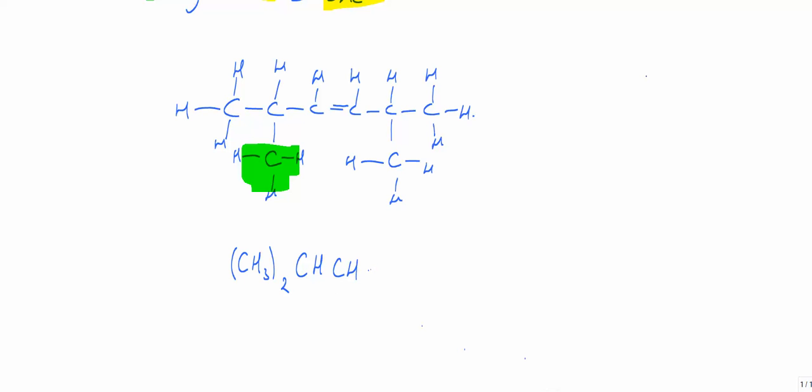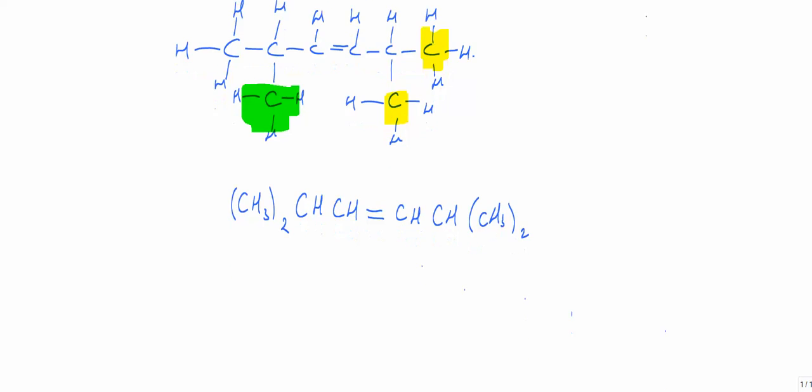But that CH is a carbon-carbon double bond, CH, and then we have another CH, and then we have 2 more CH3s. And you can see once again that we have 2 CH3 groups, one of which is part of the main stem, but we're still going to put it as CH3 twice, like that.